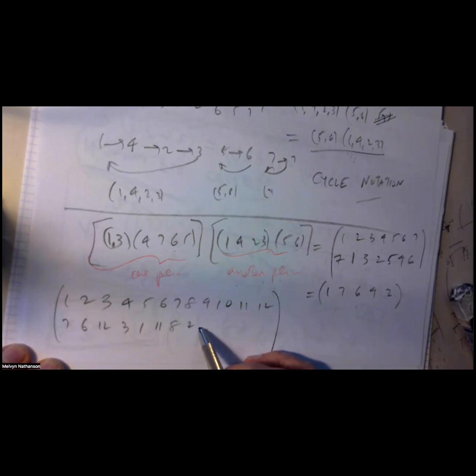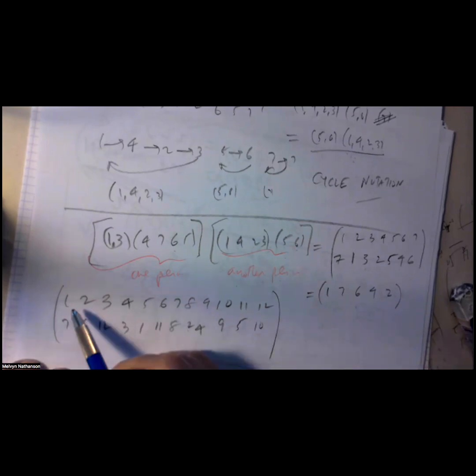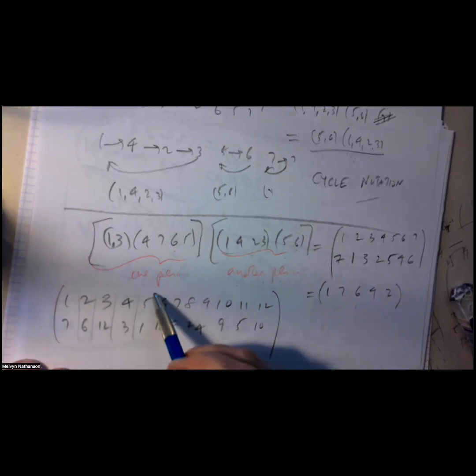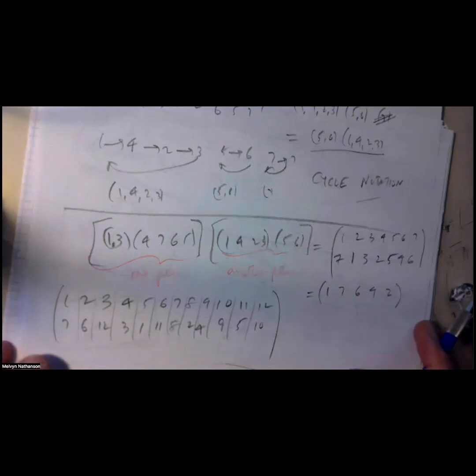What haven't I used yet? 4, 9. So I have 1, 2, 3, 4, I need a 5, 6, 7, 8, 9, 10. Okay. So here is a permutation. I'm just drawing those vertical lines so I can see what goes with what. Here's a permutation of the numbers 1 through 12.